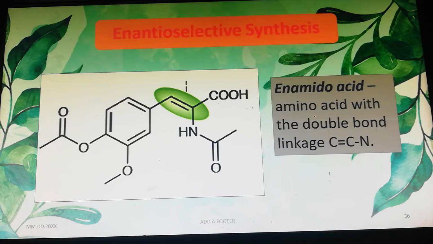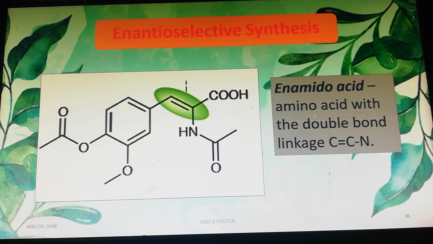Enantioselective synthesis is a method used to prepare only the desired enantiomer of our amino acid. Of course, we want to produce the naturally occurring one, and naturally occurring amino acids have the S enantiomer. Enantioselective synthesis was discovered by William Knowles some years ago.